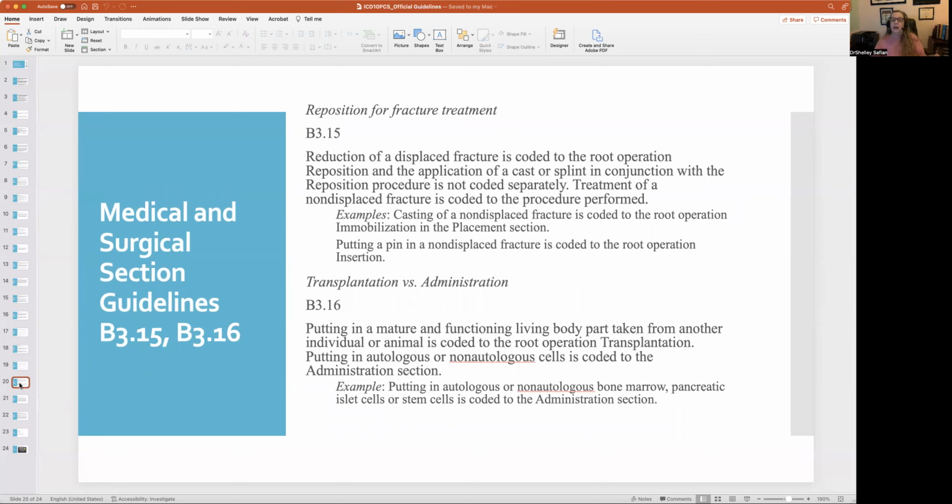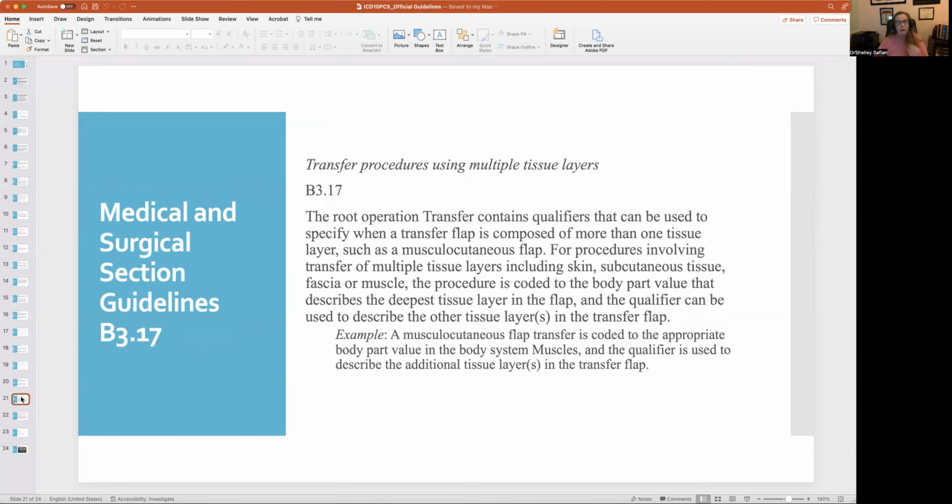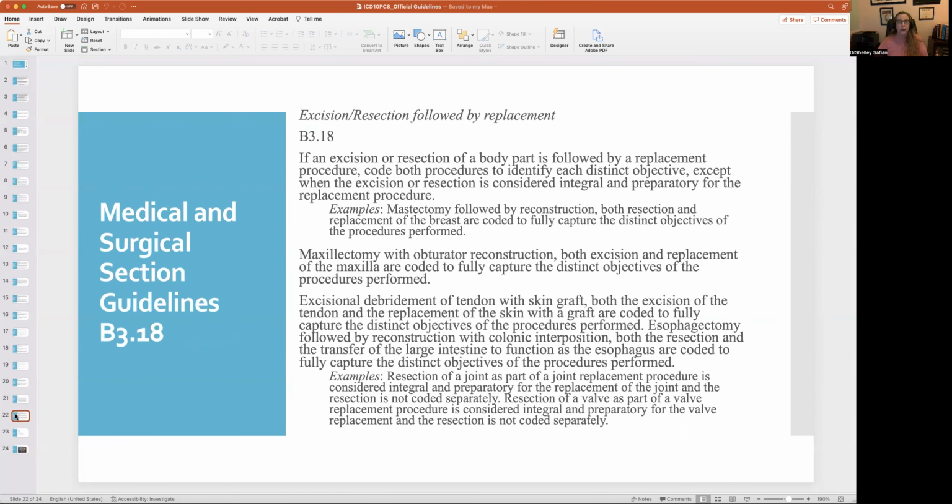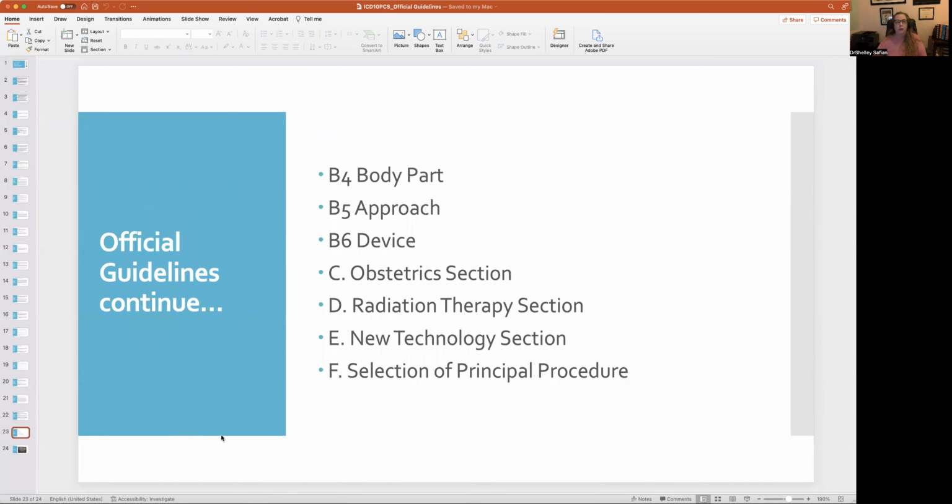It's different than when you were coding for CPT. Transplantation versus administration. That comes into play when there are stem cells and things like that. Transfer procedures using multiple tissue layers. And excision or resection followed by replacement. All of these things can be challenging to code.